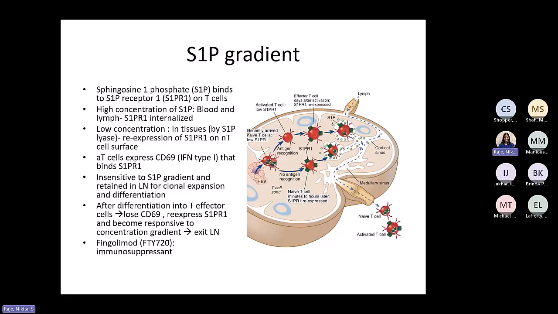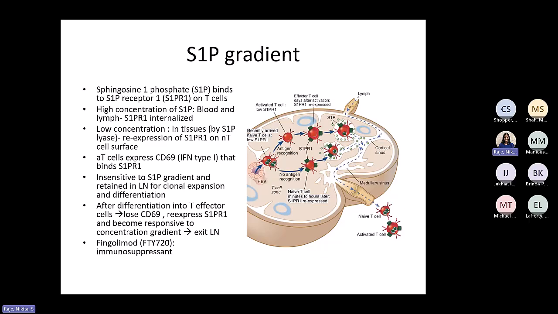When there is low concentration, such as in tissues, because there is S1P lyase, an enzyme that takes away S1P, the gradient is lowered. Because of that, there is re-expression of S1PR1 on the naive T cell surface.